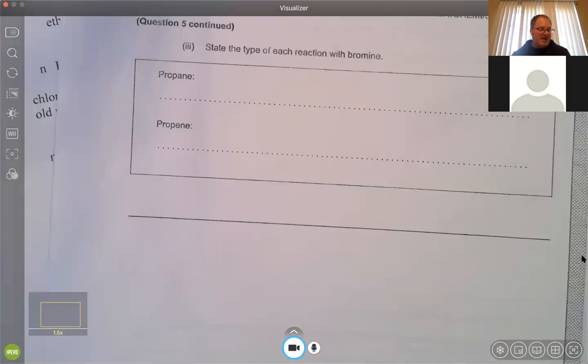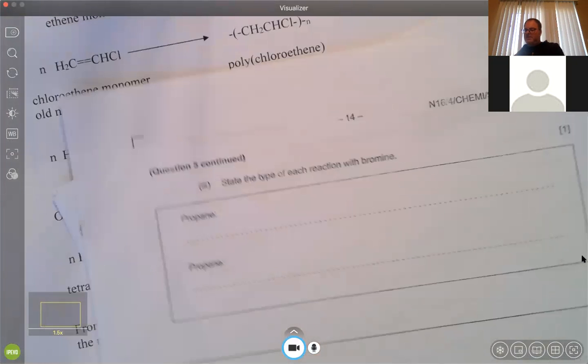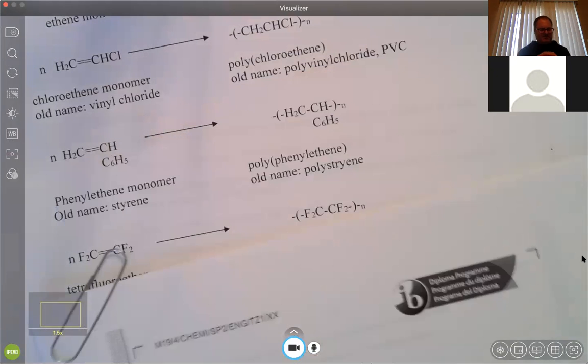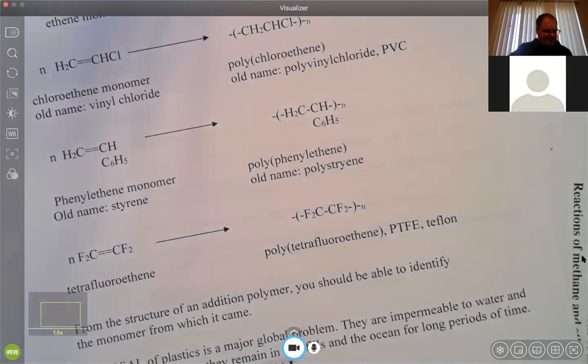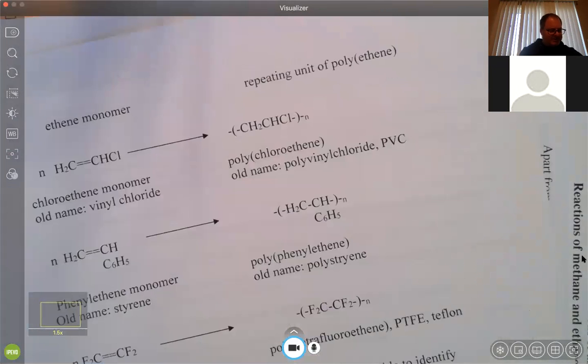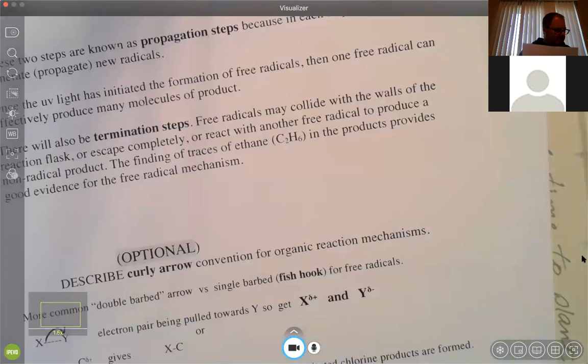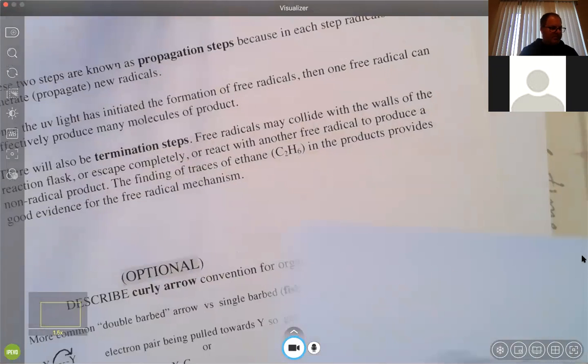State the type of each reaction with the bromine. So that would be a free radical substitution, and then electrophilic addition. So that's what I mean. Whenever you said, I think I kind of get that other stuff, the questions that have been on that are what I would call memorization type of questions. Yeah, so you have to know all the different terms involved.